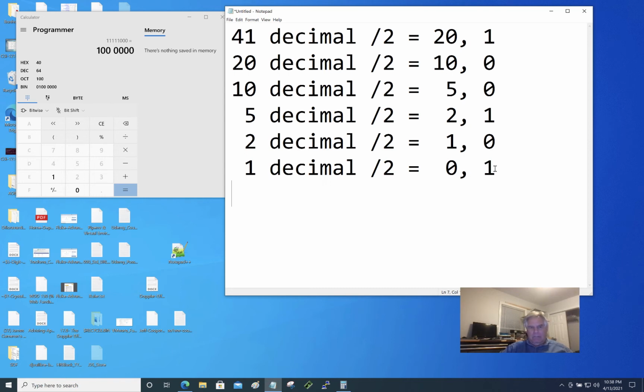And of course I probably did it wrong, but 32, 16, 8, 4, 2, and 1. So it looks like we have a 32, no 16s, and an 8. So 32 and 8 is 40. We have no 4s, no 2s, and a 1, so that's 41.